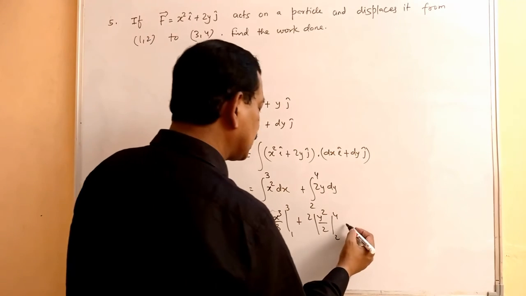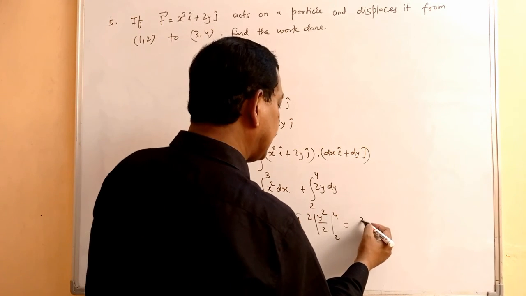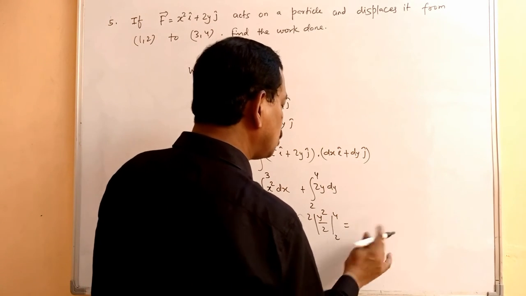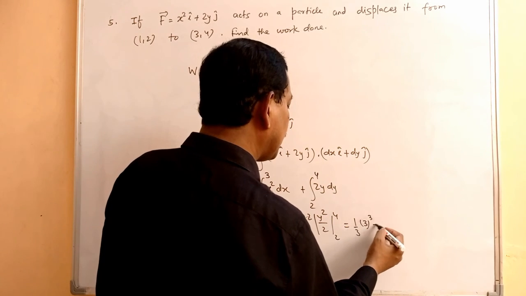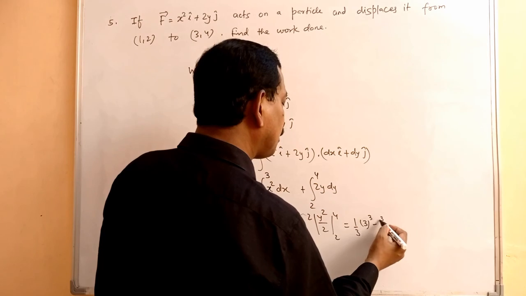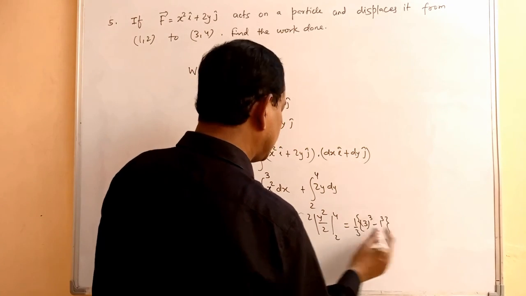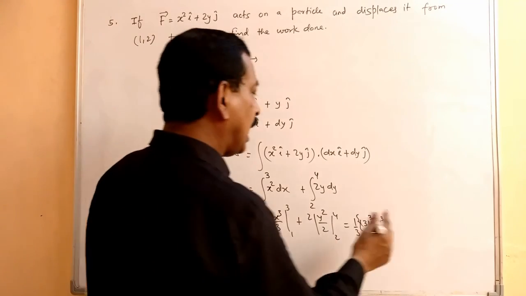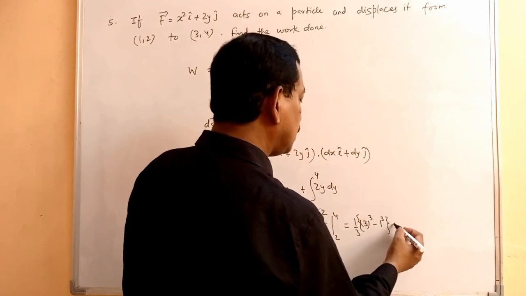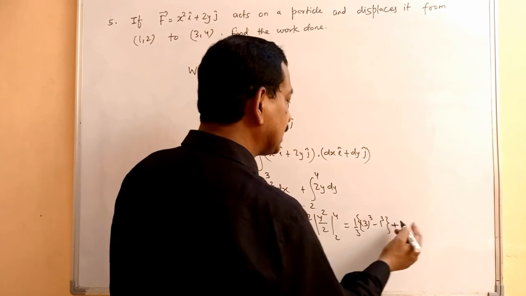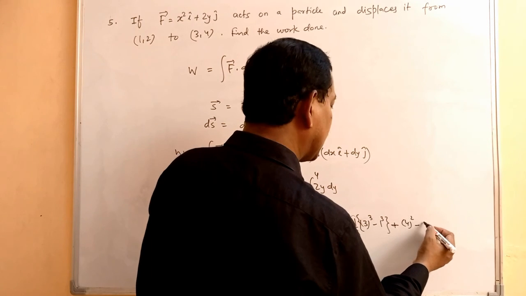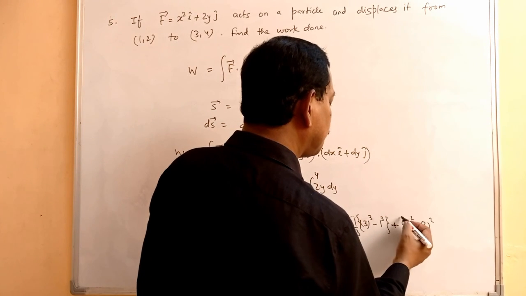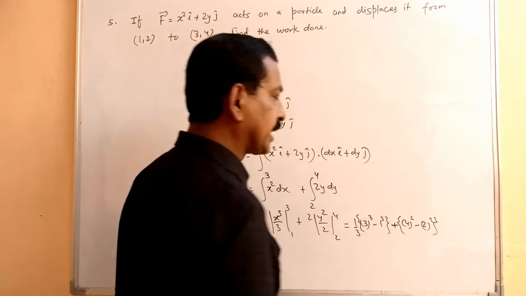So this one will give you x cube, that is 1 by 3, it is 3 cube minus 1, the first term, plus this 2 and 2 will get cancelled, so it is basically y square. So it is 4 square minus 2 square. This is the second term.